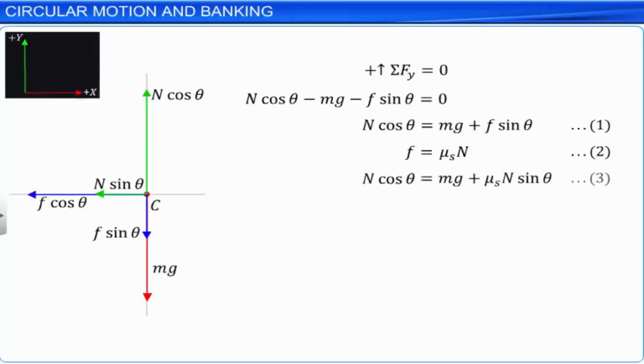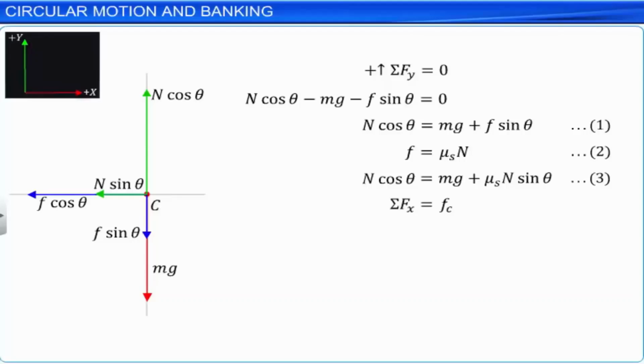The car experiences acceleration acting towards the center of curvature. This is the centripetal acceleration, and the force required for this acceleration is the centripetal force Fc. Centripetal force Fc is equal to the net force acting along the x direction.